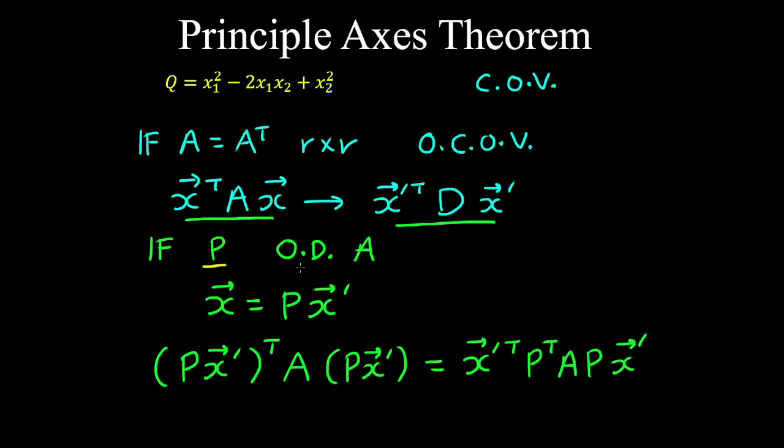So if P orthogonally diagonalizes A, then this matrix will be a diagonal matrix. So we end up with x dash transpose D x dash.